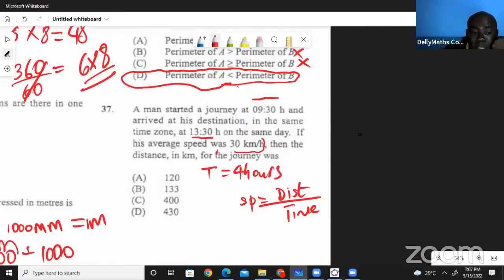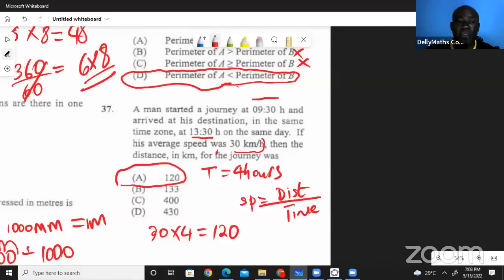So the speed is going to be 30 and the time is 4. It's 120 kilometers that would have been covered in that time, because if you're traveling at 30 kilometers for every hour and you have traveled for 4 hours, you can naturally see without a formula, you could pick it up.